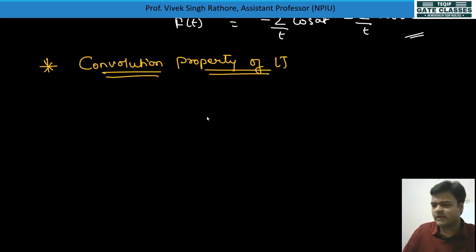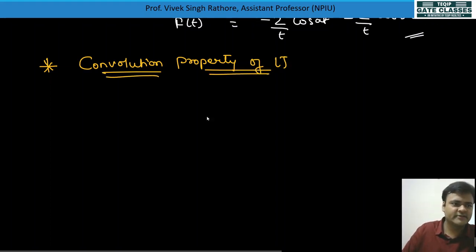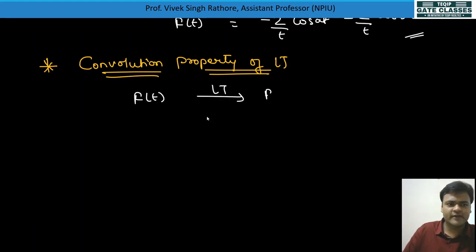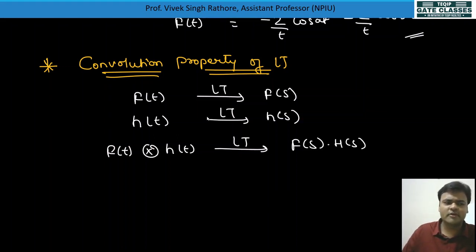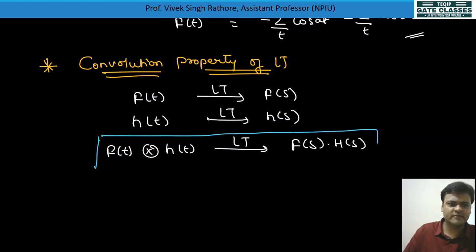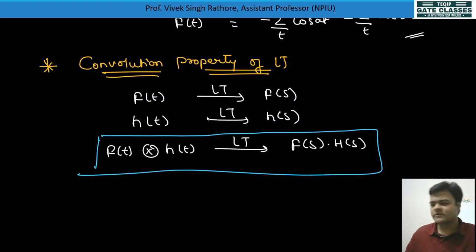The convolution property says that if the Laplace transform of f of t is F of s, and the Laplace transform of h of t is H of s, then if we convolve f of t with h of t and take the Laplace transform, it is equal to F of s into H of s. This property is exactly the same as what we have seen in the Fourier transform.